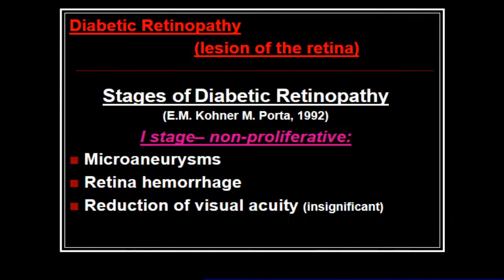The next complication, diabetic retinopathy, lesion of the retina. Stages of retinopathy. First stage, non-proliferative.